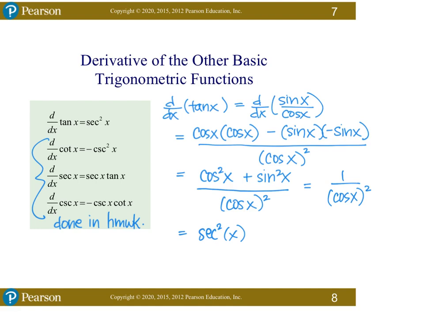So just a reminder, if the trig function is one of cosine, cotangent, cosecant, if it's any of those, its derivative will have a negative value. And so the derivative of cosine is negative sine, cotangent is negative cosecant squared, and cosecant is negative cosecant cotangent.